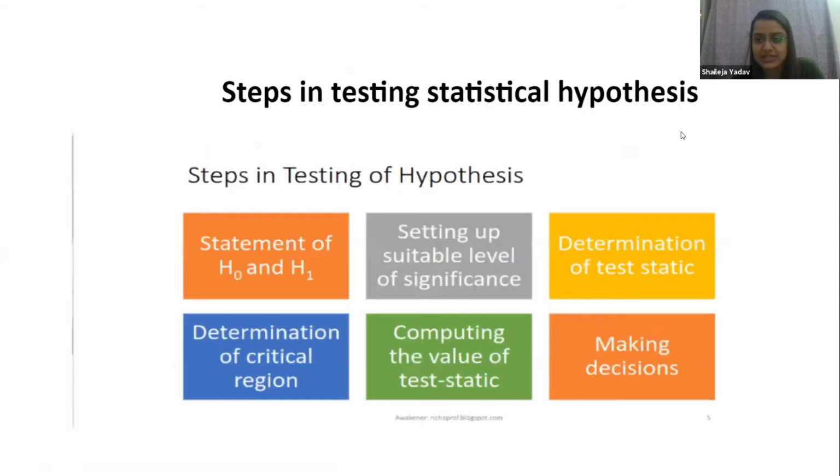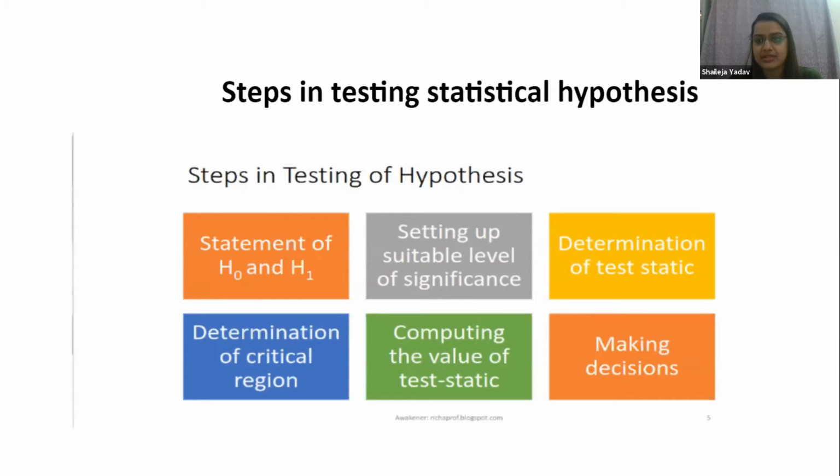Now, these are the steps in hypothesis testing that we will be looking at. The first step is essentially to formulate what we call a null hypothesis and an alternative hypothesis. We will be taking up these steps eventually in this presentation. I will just walk you through all the steps first.